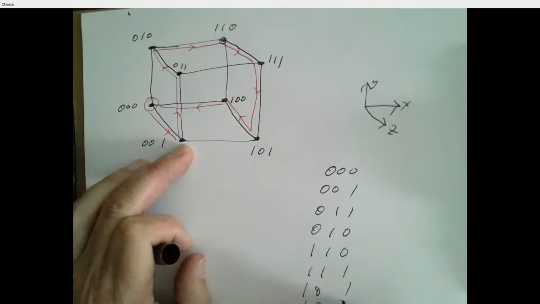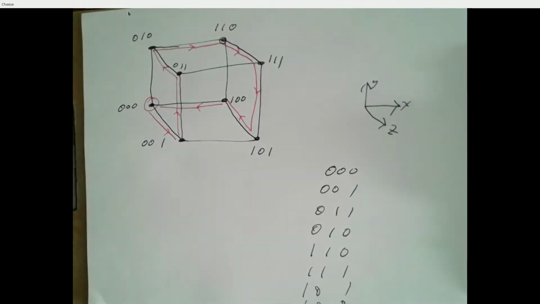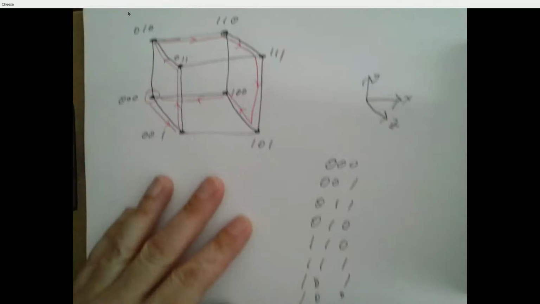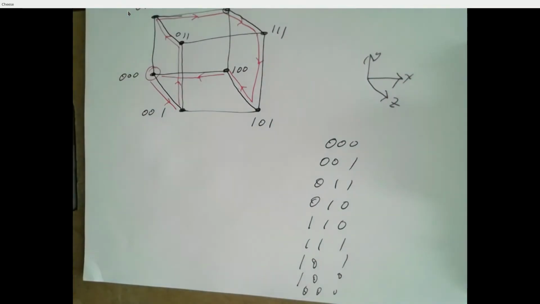Oh, dear. So what is that called? Do you remember? This is a Gray code, yeah. So this is called a reflective Gray code. And it's the code we use when we're building state machines and we don't want to have glitches. When we want to know that when we move from one state to the next, at most one bit is going to change.